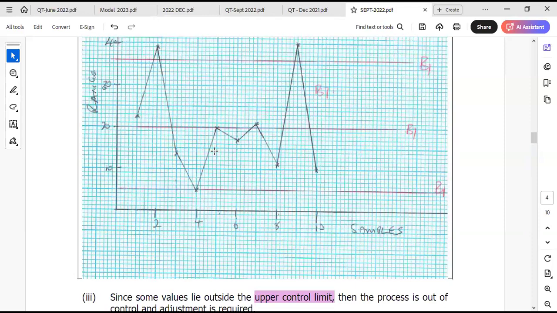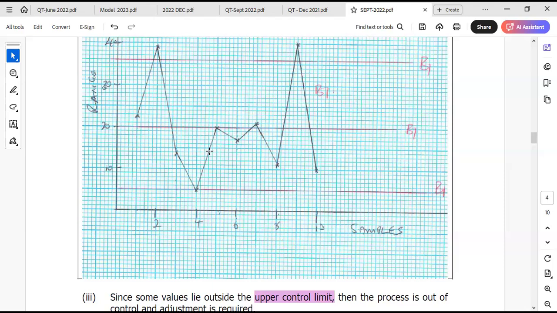As long as you realize that there is a point that exceeds the upper control limit, it means that the process is out of control. Or if you have a point that is below the lower control limit, it still means that the process is out of control.